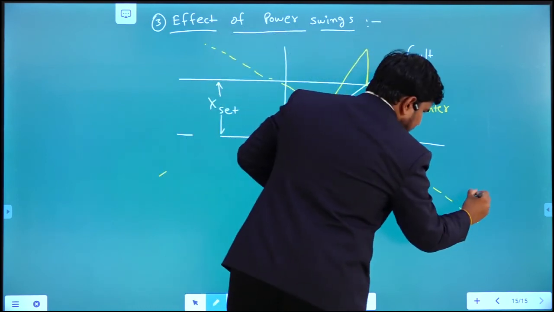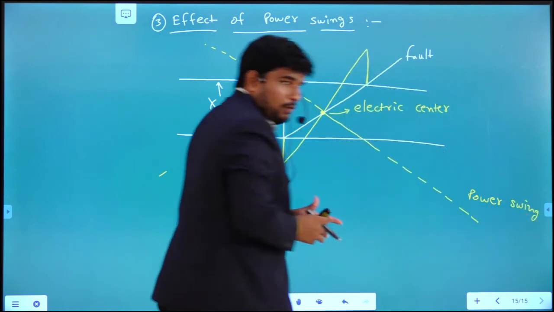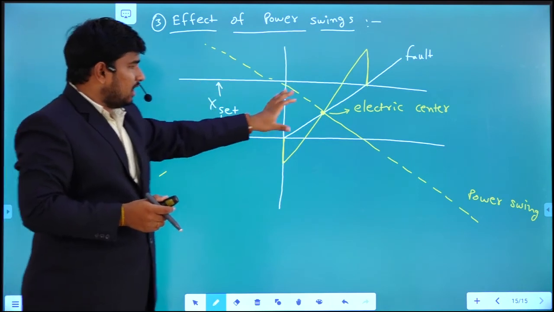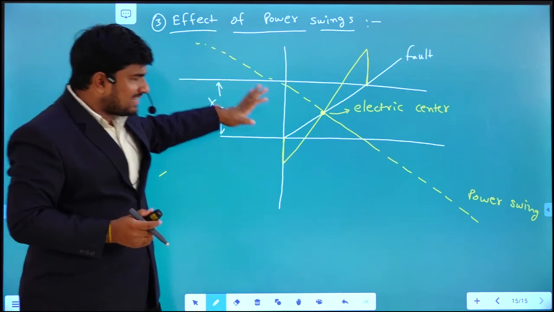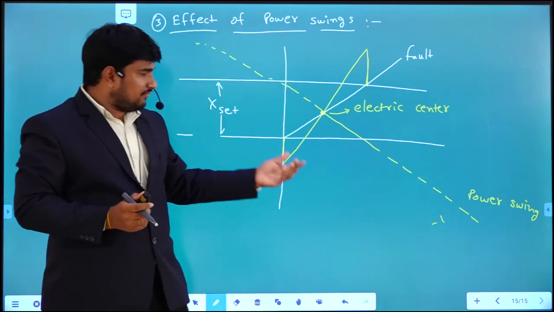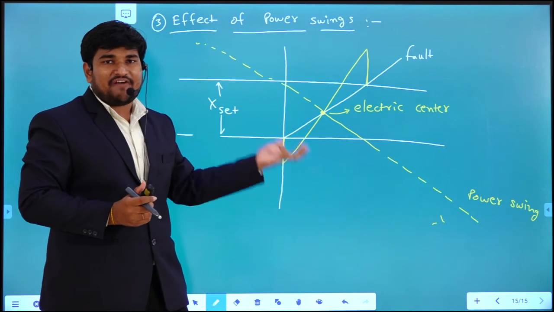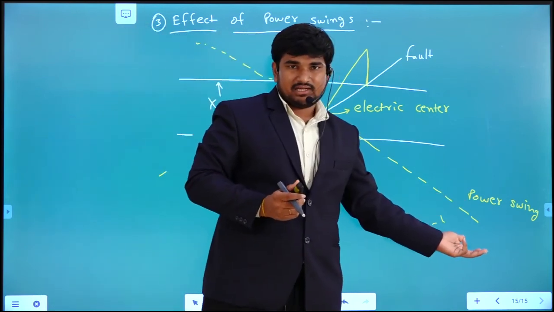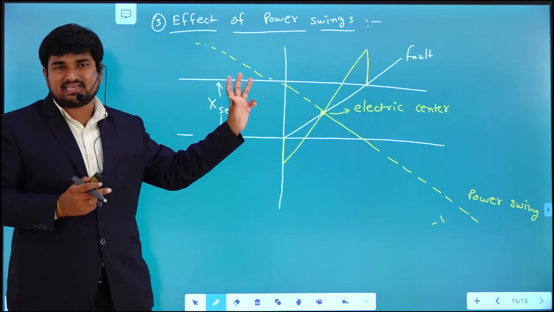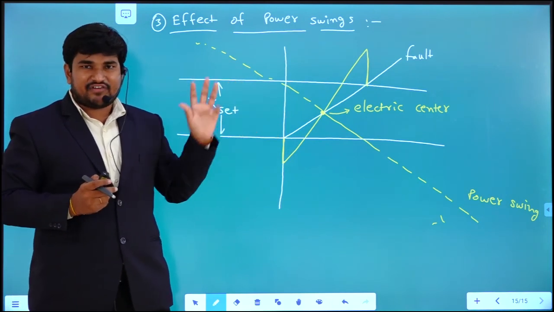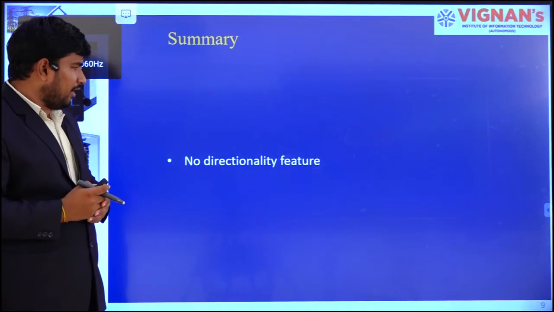If this is the power swing characteristics, up to this point it will not be prone to power swings, but the maximum amount of area is covered by power swings, right? That means the reactance relay is also affected by these power swings. So the only limitation overcome by using the reactance relay is that the arcing effect is reduced.